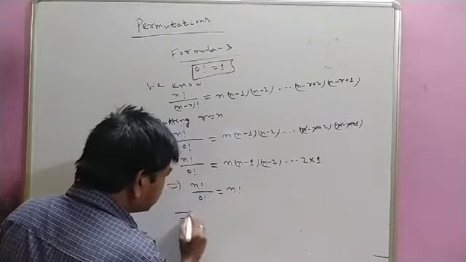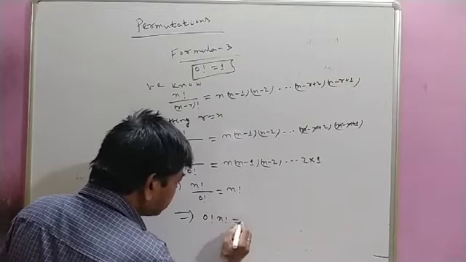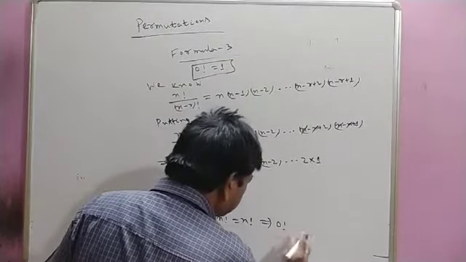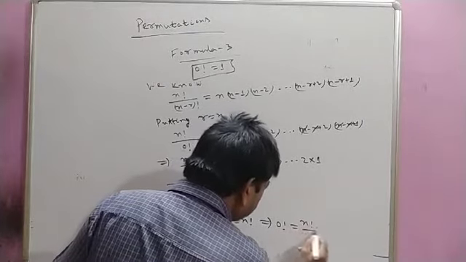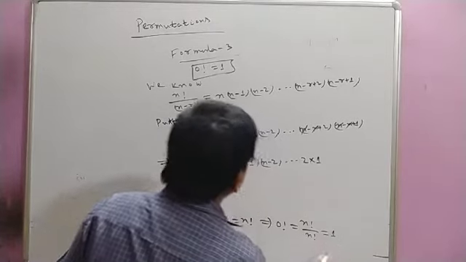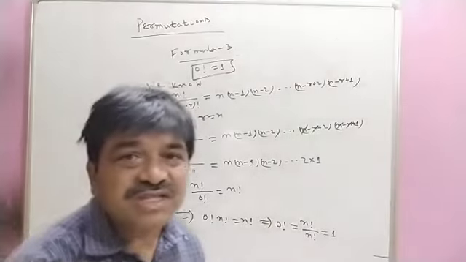If you cross multiply, this becomes 0 factorial into n factorial is equal to n factorial. Then 0 factorial is equal to n factorial divided by n factorial, which is equal to 1. So remember 0 factorial is 1. This is your formula 3.